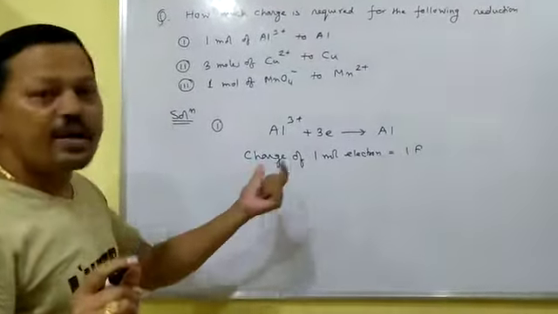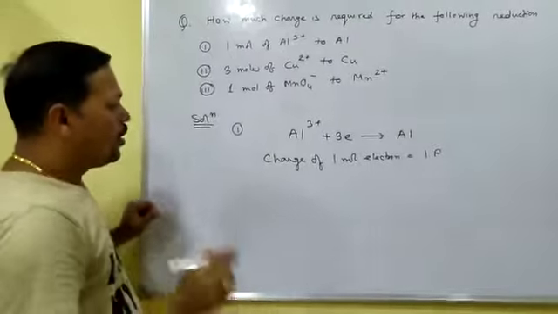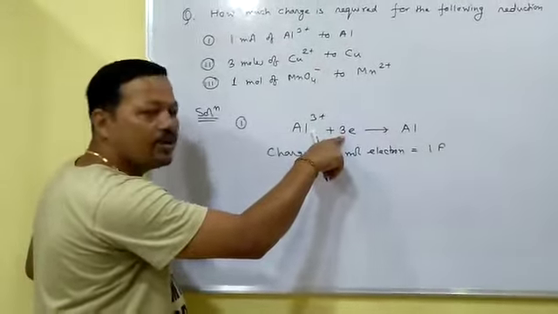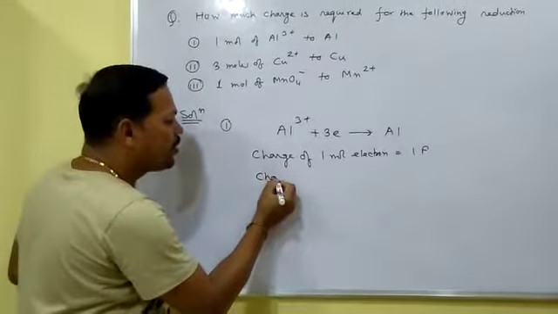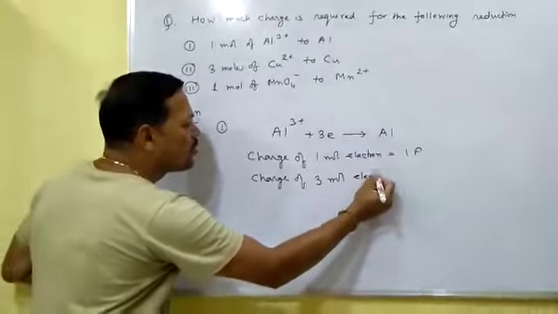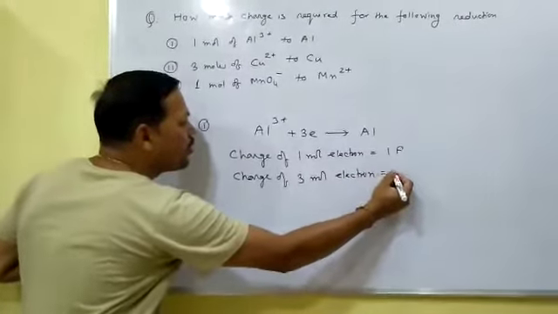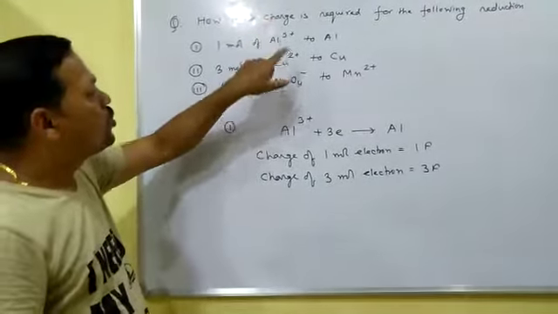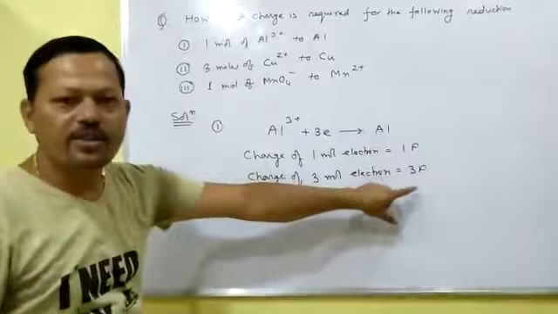Faraday means nothing but the charge of 1 mole of electrons. Now, what are the moles of electrons in our equation? Here 3 moles. That is why the charge of 3 moles of electrons will become 3 Faraday.